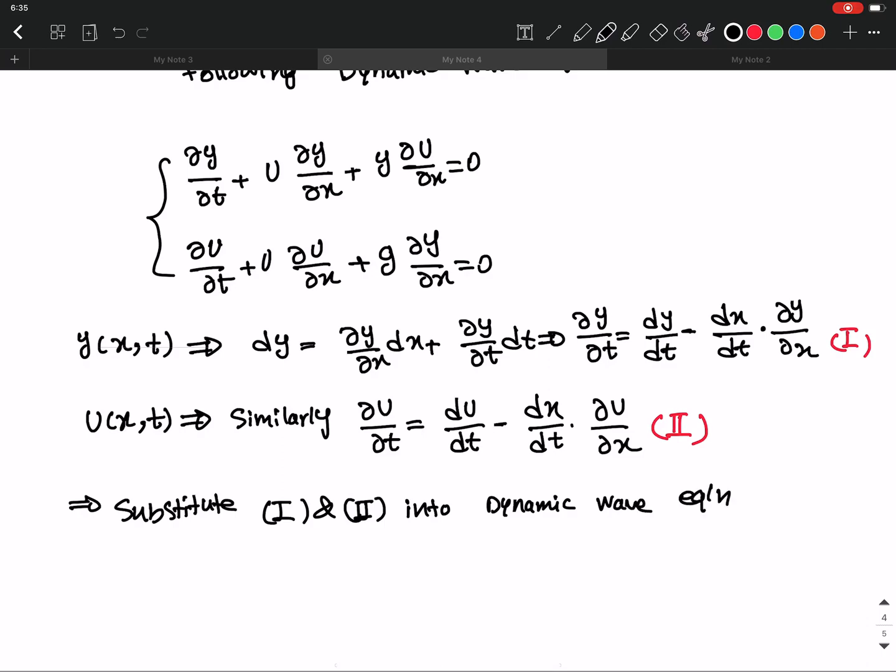So I'm going to substitute these two into this equation. For the partial y partial t term I have this, and for the partial u partial t term this one, so I'll substitute them here.